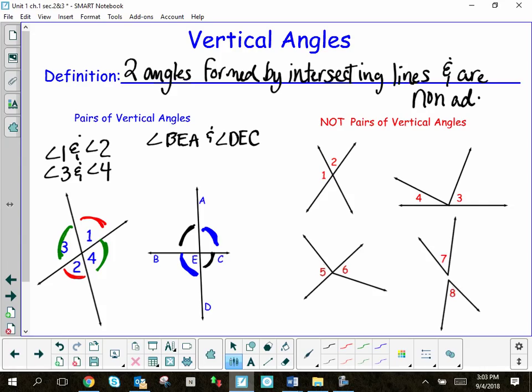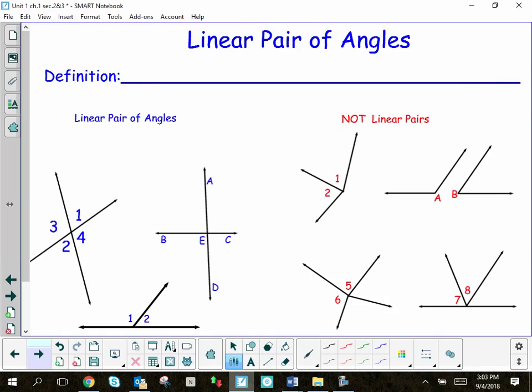So we had kind of just talked about what adjacent is. So these are going to be non-adjacent. So they're not right next to each other. Notice this green one over here and this other green one over here, the angle 3 and angle 4, they're not next to each other. They're on opposite ends, so non-adjacent. Okay, so those are vertical angles.